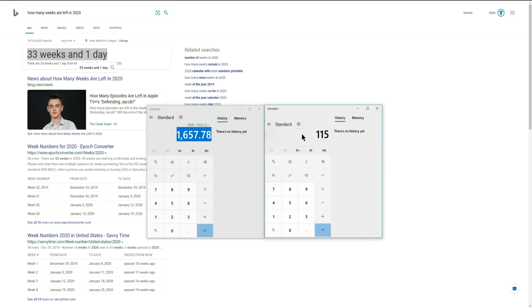So if I were to continue $115.38 over the upcoming 33 weeks, that would mean that I am investing another $3,807. But really, I can only invest up to $1,657.78. Now you could do this with your contributions, whatever you haven't contributed yet in 2020, take that number and subtract it from 6,000.